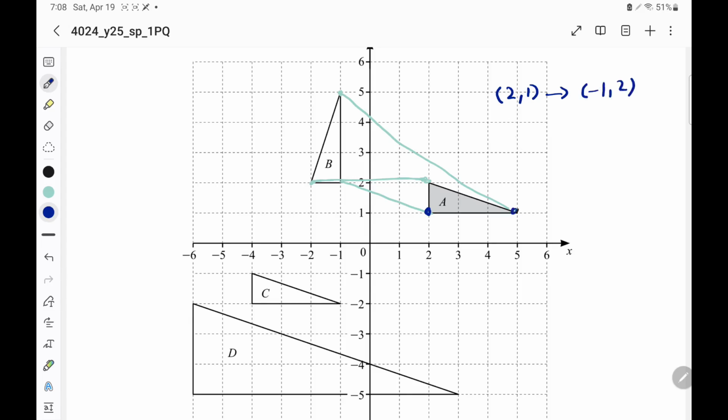Like 5, 1 is becoming minus 1, 5. It means (x, y) becomes (minus y, x), which is a 90-degree anti-clockwise rotation about the center, the origin. This is in the formula of anti-clockwise 90-degree rotation.